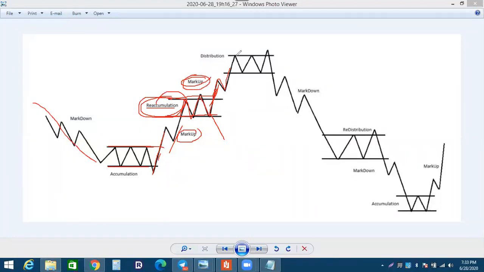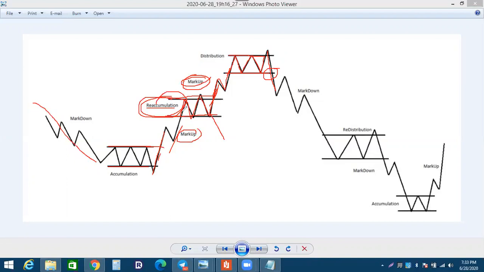And then here again, supply and demand are equal. When demand and supply are equal, in this phase we still have not decided whether it is a reaccumulation or distribution. When we find the breakout, after the breakout, we can consider that a distribution.